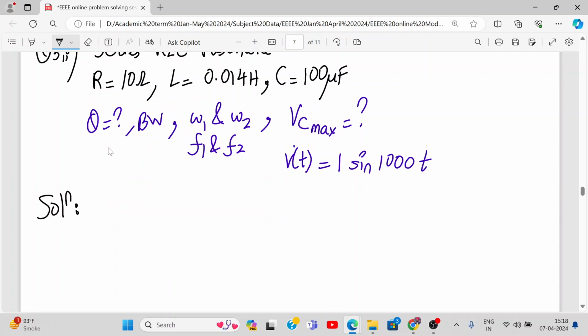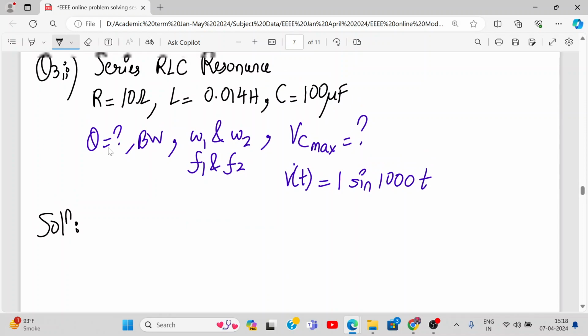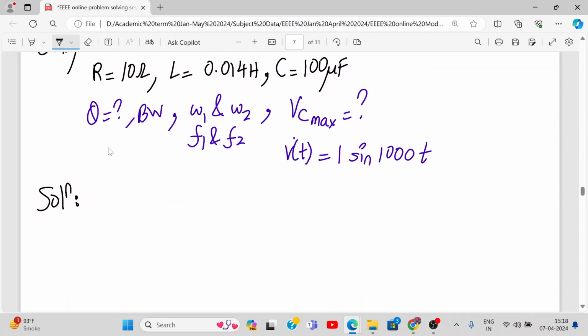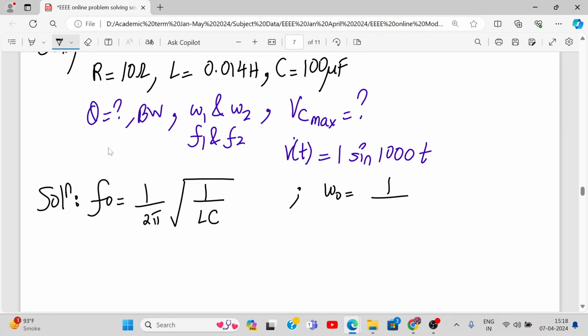Okay. So first we have to find the cutoff frequency, the resonant frequency. So what is resonant frequency given by? Two formulas. F naught is 1 upon 2 pi square root of LC, or we can find omega naught, which is 1 upon square root of LC.